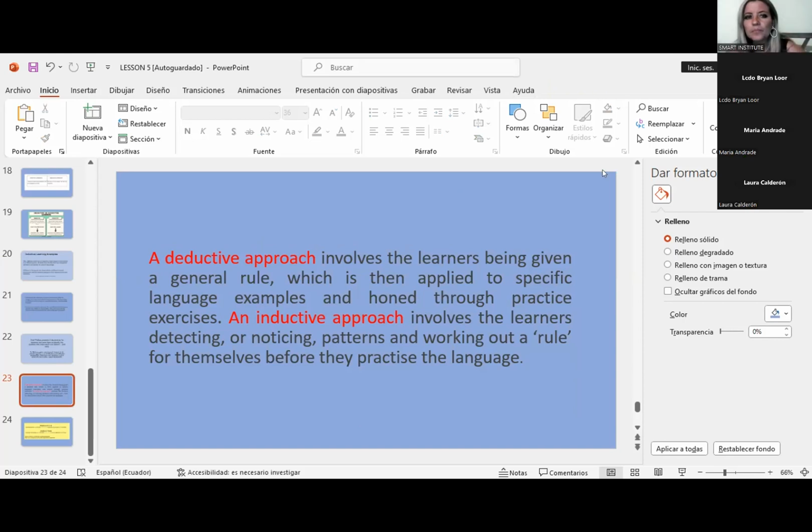She says that her computer froze. Okay. Sí, porque no está claro lo de para Lourdes la pregunta, ¿no? De lo que es deductive and inductive. Esperemos que ella regrese.